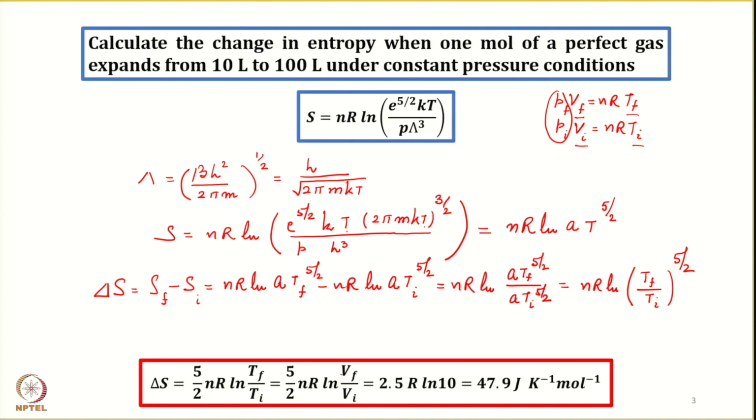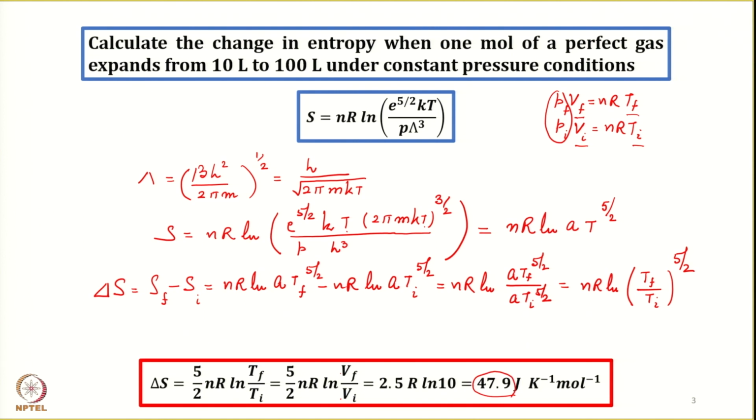So I replace Tf by Ti, because pressure is constant, by Vf by Vi. So 2.5 R log 10, which is 47.9 joules per Kelvin per mole.